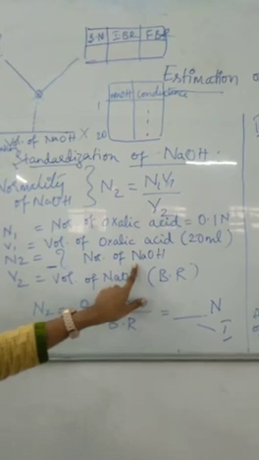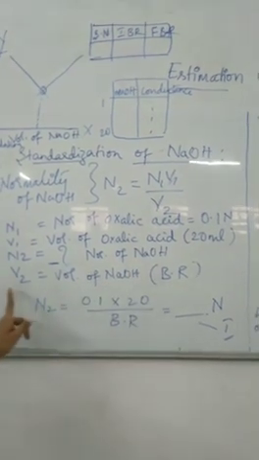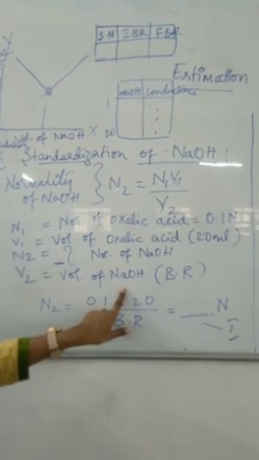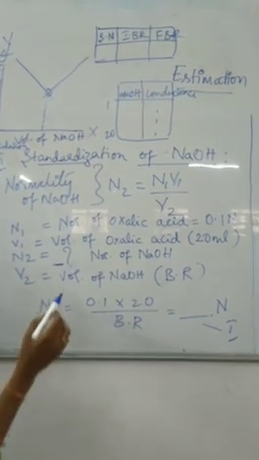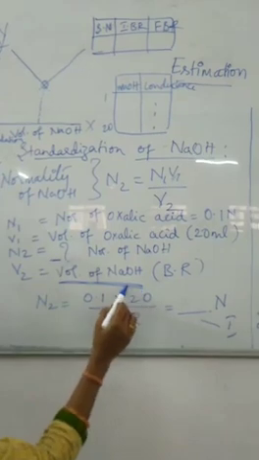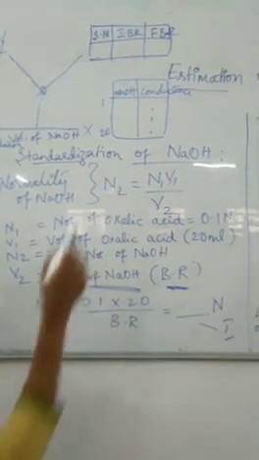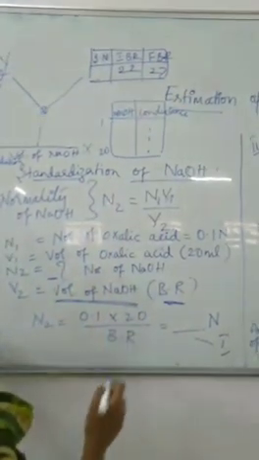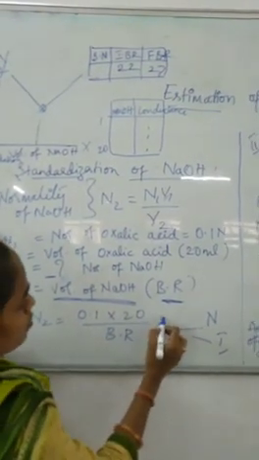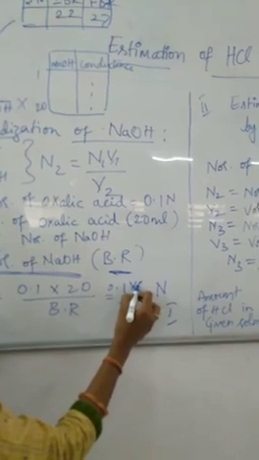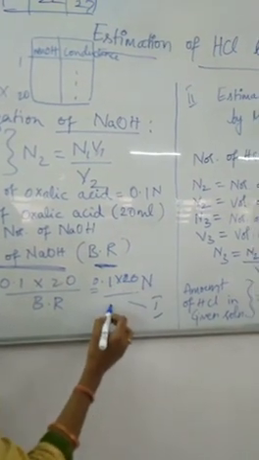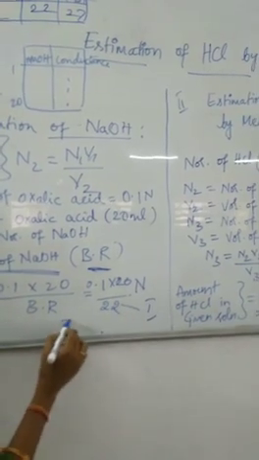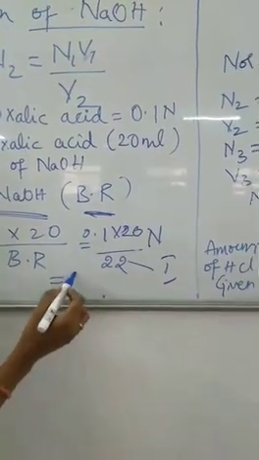N2 is the normality of sodium hydroxide, and V2 is the volume of sodium hydroxide. During the titration, the volume of sodium hydroxide I got is 22. So substitute 22: 0.1 into 20 divided by the burette reading, that is 22.